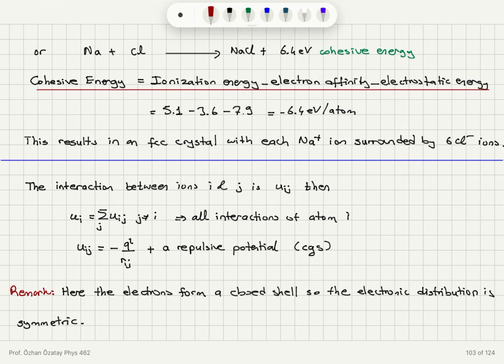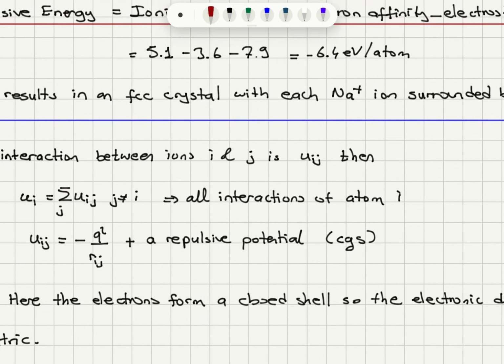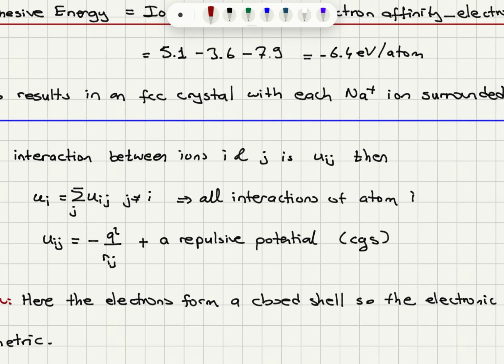Now, if you look at the interaction between ions i and j in this crystal structure, we call this Uij. So Ui, that is all interactions of the ith atom, will consist of the sum of the interaction potentials with the jth atom, where j is not equal to i.